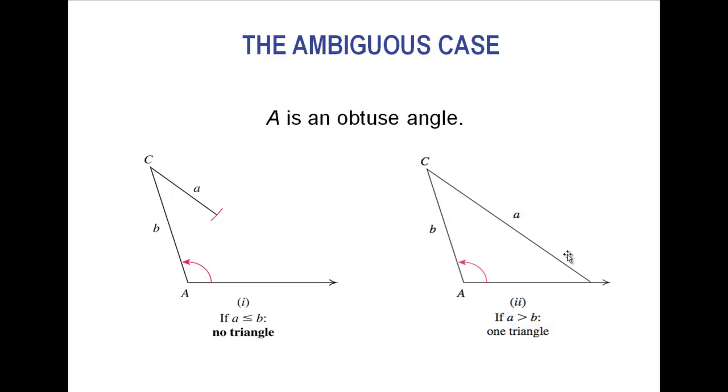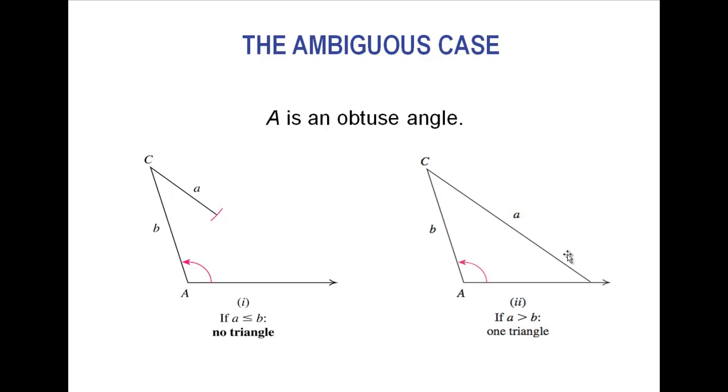Now all of that was when angle A was an acute angle, so angle A was less than 90. Now when angle A is greater than 90, we have two more cases. If A is less than B, no triangle. If A is greater than B, we have a triangle. If A was equal to H, it wouldn't work, right?